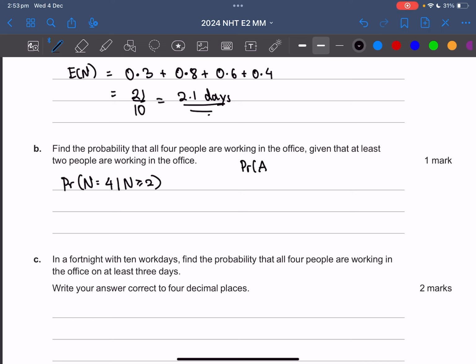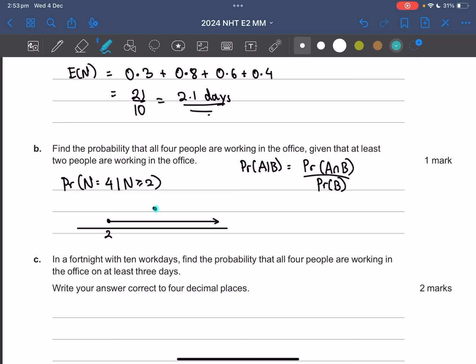So probability that A given B is equal to probability of A intersection B divided by probability of B, right? So in this case, we have to find the intersection of these two. So let's draw a number line real quickly. So this is our n is greater than or equal to 2. And this is our n is equal to 4. So where is the intersection exactly? That's right. The intersection will occur at n equals 4 only.